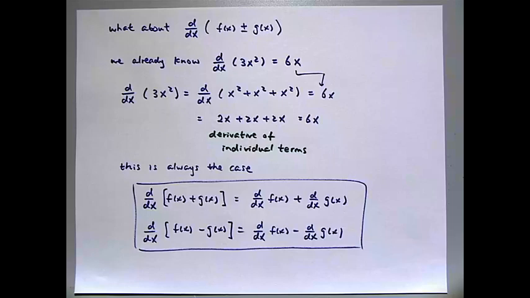Okay, so when things are added to or subtracted from each other, you simply take the derivative individually and preserving the signs between them. Plus, you keep plus, minus, you keep minus.